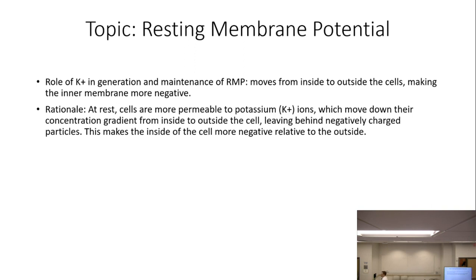The question was asking what is the direction of the movement of potassium. Okay, if you have leak channels and the concentration is greater inside the cells than outside, it's going to move out, extracellular. And what is the result of that? Okay, it makes the inner membrane more negative. That's very related to the previous question that we were explaining.